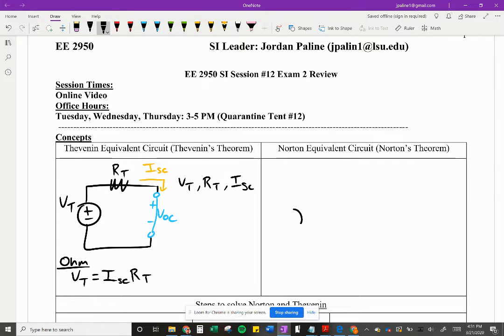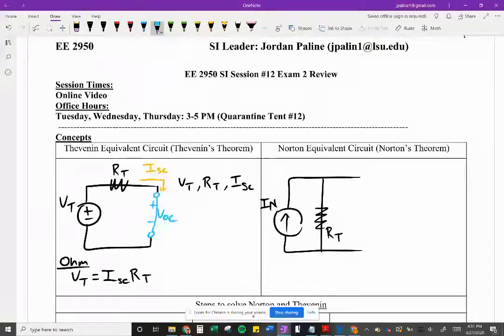Moving on over to the Norton, we're going to have a current source, and now this will be in parallel with that R Thevenin resistor, VOC. Okay.